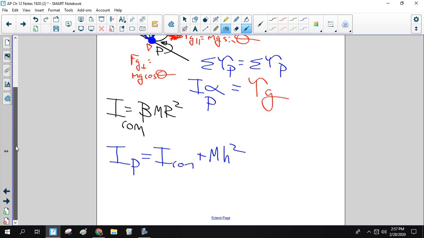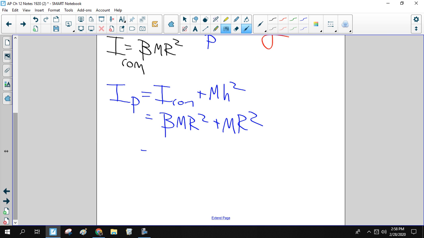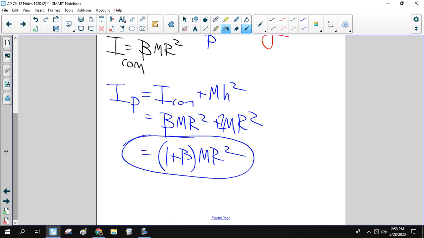So I about the pivot point is beta times mr squared plus m times r squared, which is 1 plus beta times mr squared. Because our pivot point is no longer at our center of mass, we've got to use the parallel axis theorem. So that's how we got this.